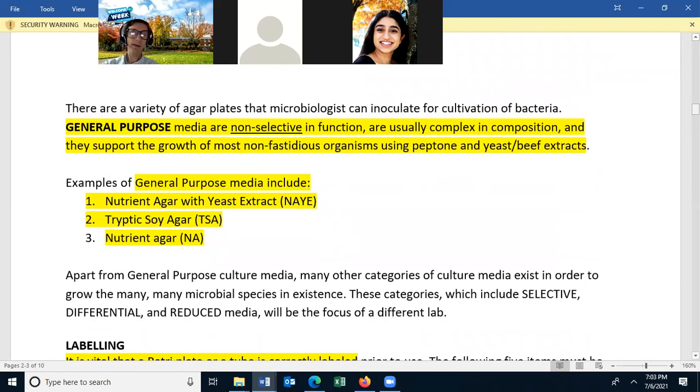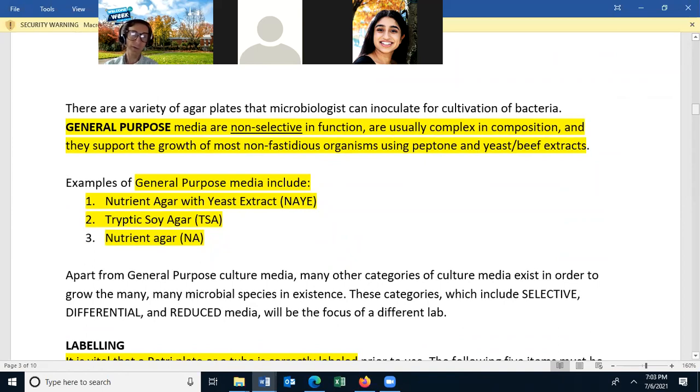We're going to be talking about different types of media, and the first type we're going to talk about is general purpose media. And this lab will only discuss general purpose media. These are non-selective media, and they're usually complex in composition, and they support a growth of many different organisms, but not all organisms.